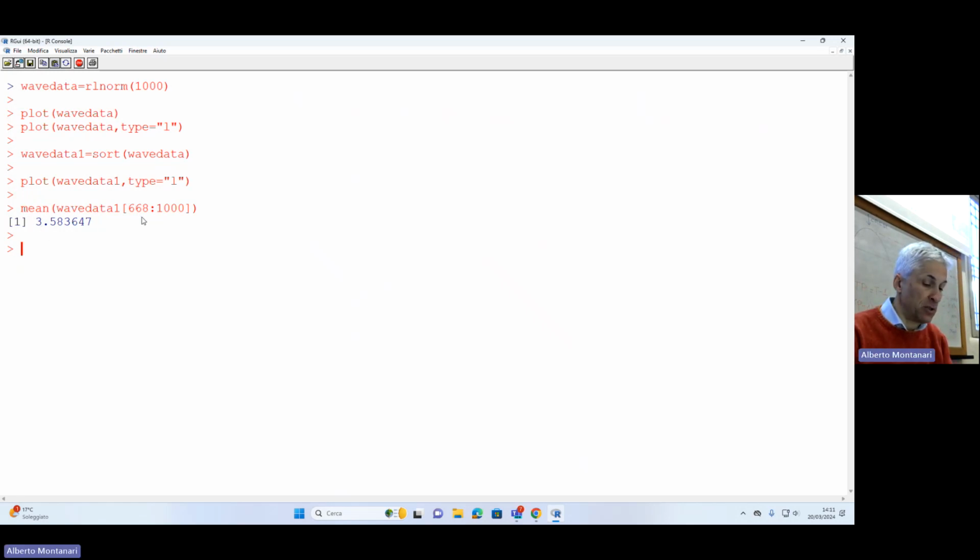R can help me because I can compute it as pnorm of the number. It's 0.89.